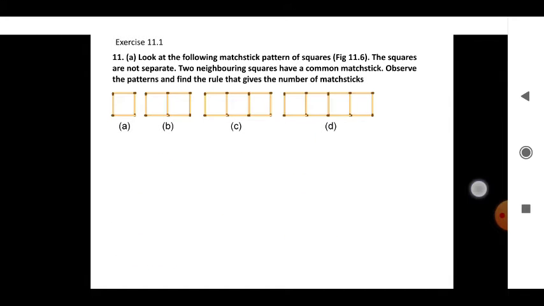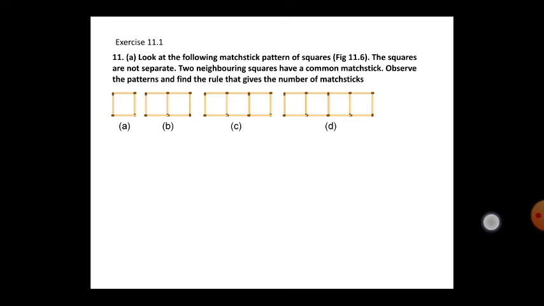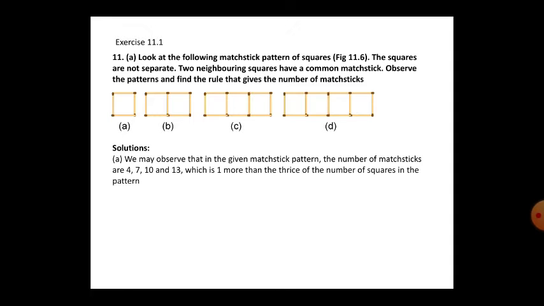So if the difference is 3, look at figure B: one matchstick is common for both the squares. So we may observe that in the given pattern, the number of matchsticks 4, 7, 10, 13 is one more than thrice the number of squares in the pattern.